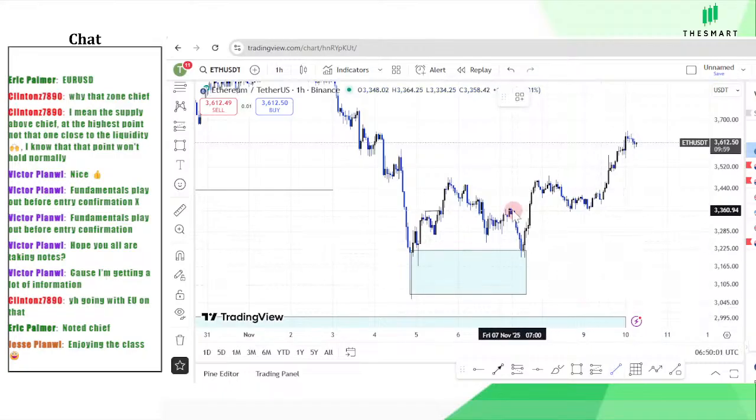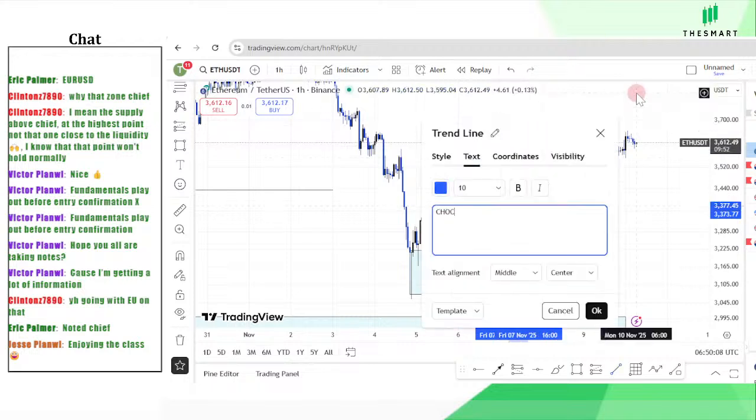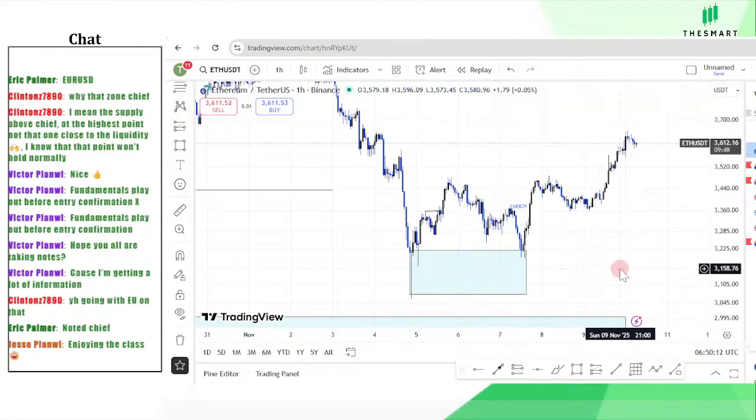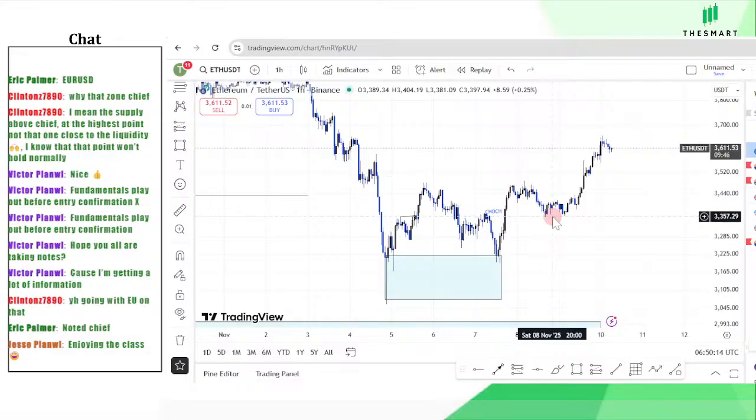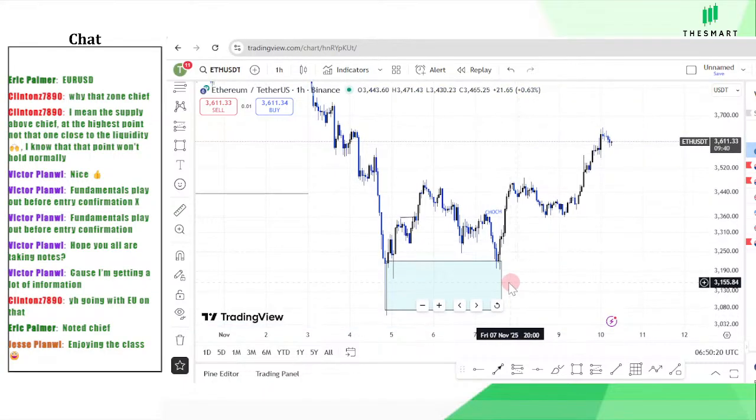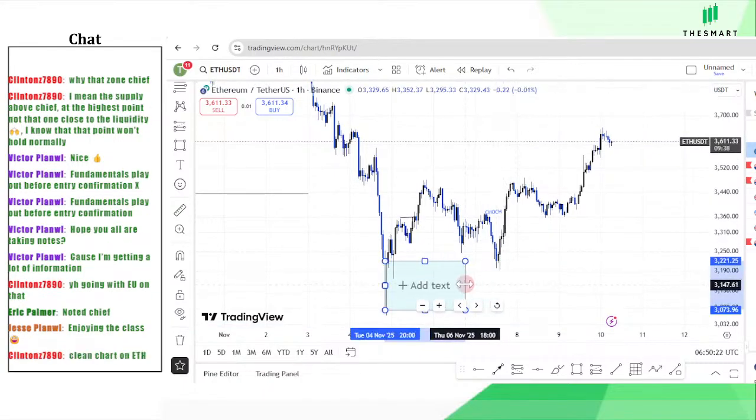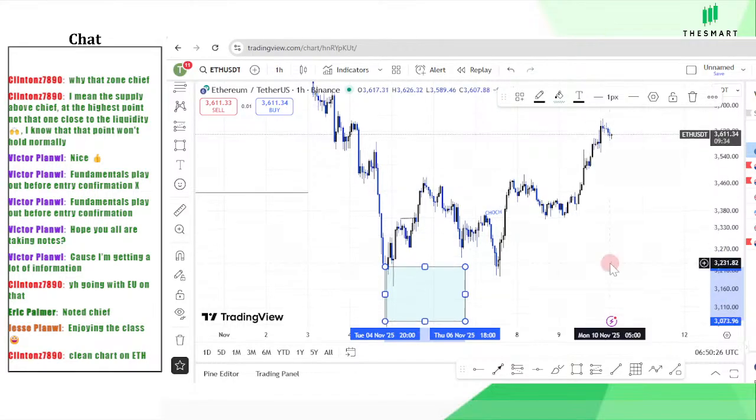We had another change of character here, giving more confirmation that price is buying, or we are in a bullish subtrend. So let's put this aside. What do you want to see from this particular 1 hour time frame?